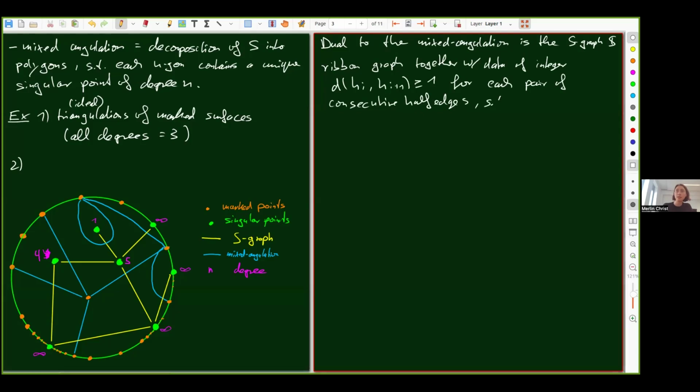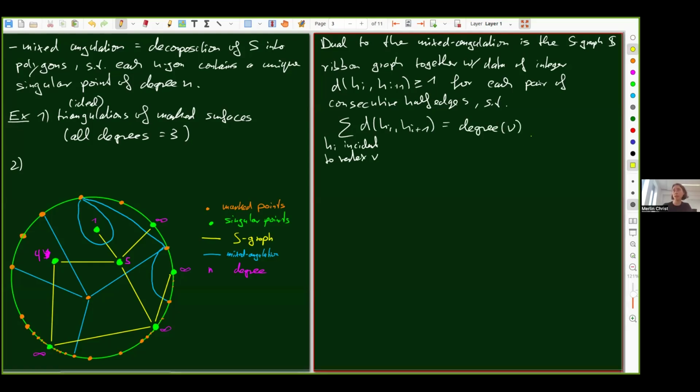Such that if you look at a single vertex and you look at the half edges h_i incident to a vertex v, and you sum these distances of these half edges h_i, h_{i+1}, then you're exactly supposed to get the degree of the vertex.